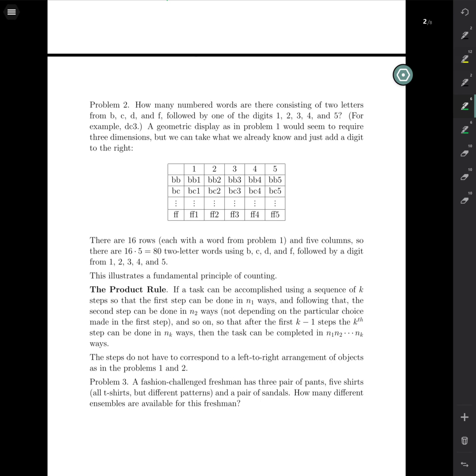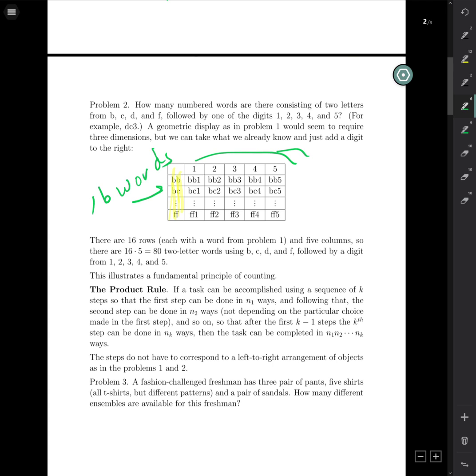Now we could imagine using a 3-dimensional array, but we don't need to, because we've already counted how many two-letter words there are using B, C, D, and F. I've put those in this first column, all 16 words with 2 letters, and up here we have the digits.